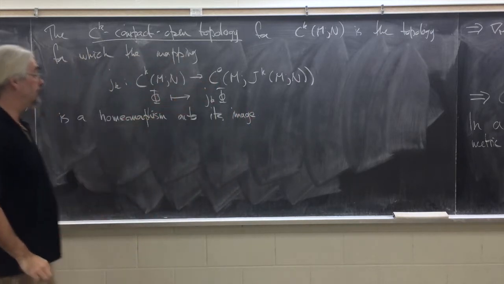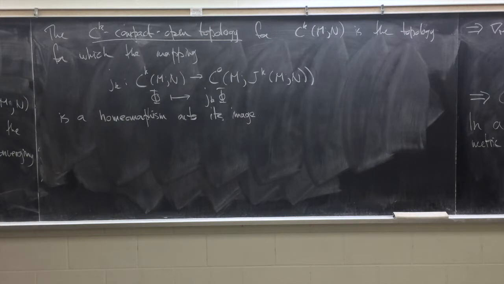Because the target now has the compact open topology that I defined over here, and J^k is a metric space because I just put a metric on it, this is very simple to describe.